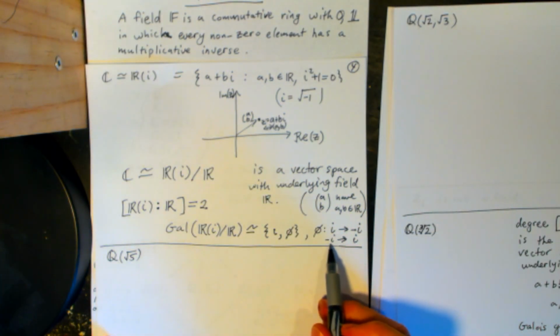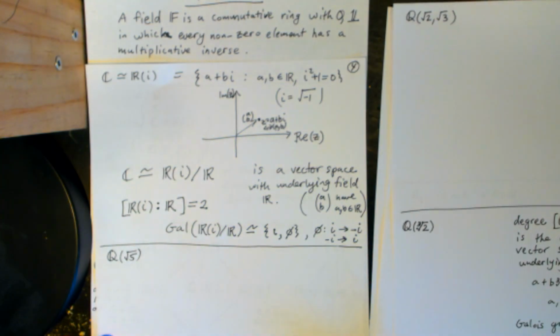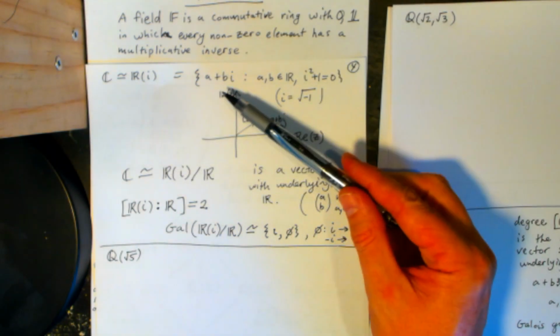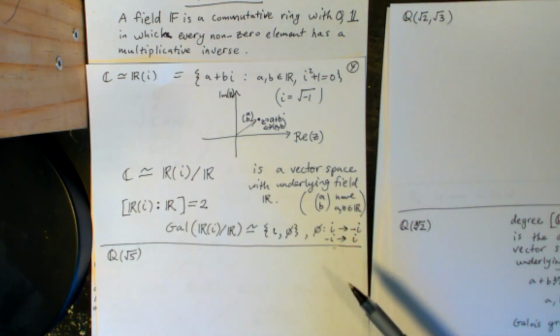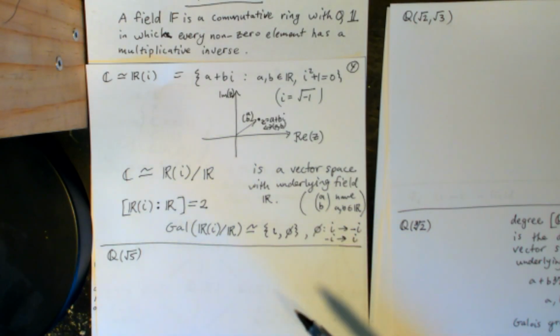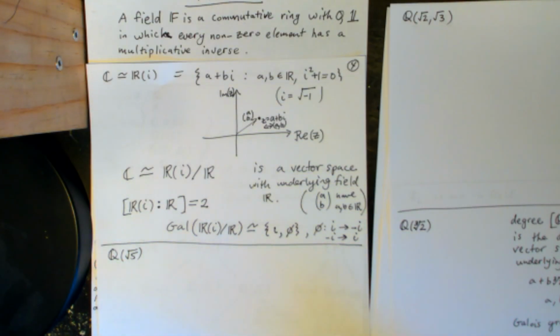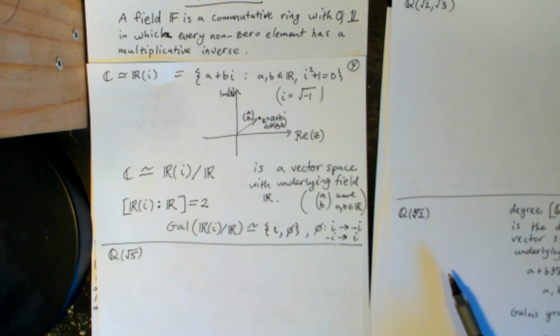Okay, now this is an automorphism because it's just a permutation of the elements of the complex numbers such that a plus bi would get sent to a minus bi, and a minus bi would get sent to a plus bi. So we've just permuted the elements of the complex numbers.